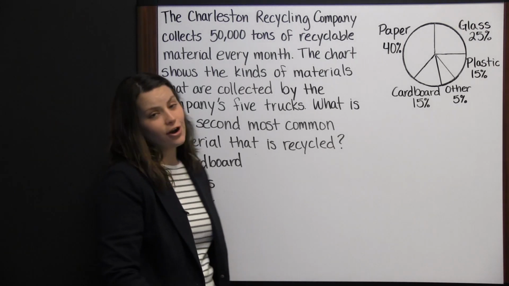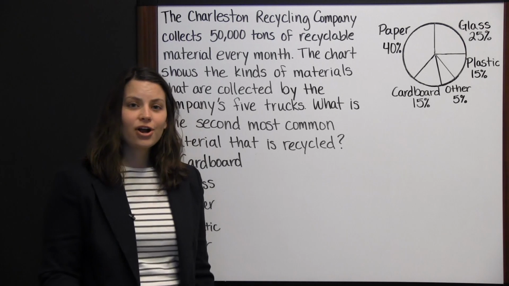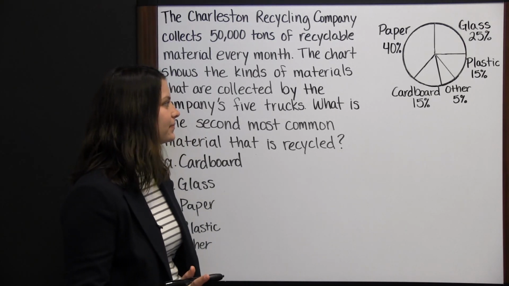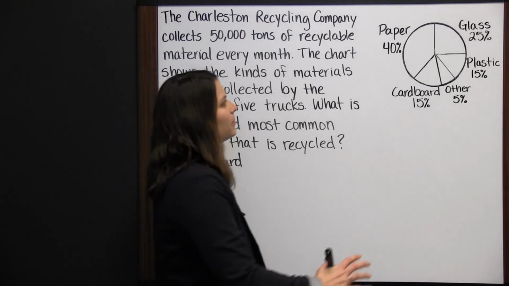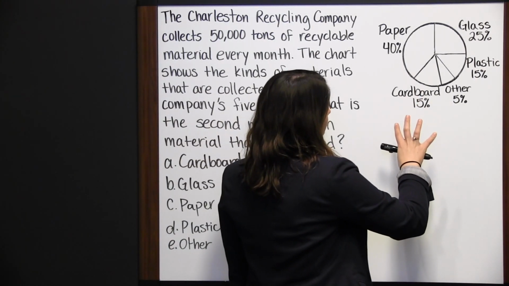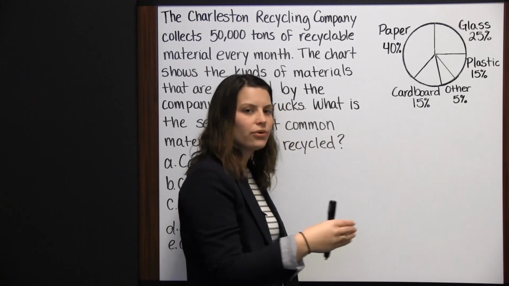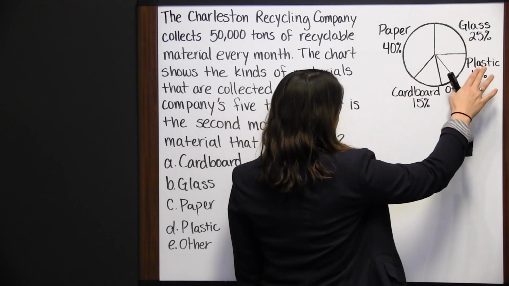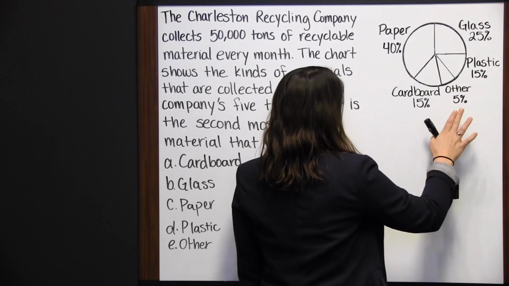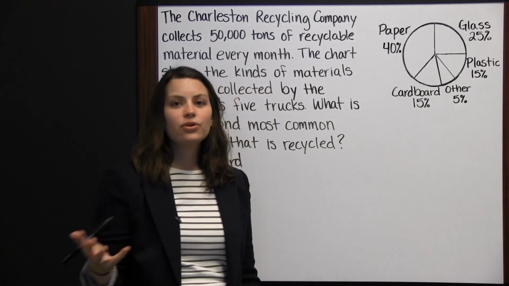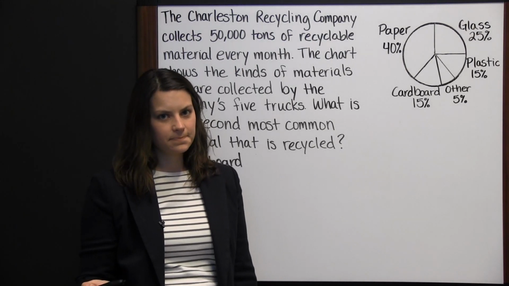This is a pie chart, and a pie chart is a visual representation of data. The data represented in the chart will add up to a total of 100%. 40% plus 25% plus 15% plus 5% plus 15% is a total of 100%.